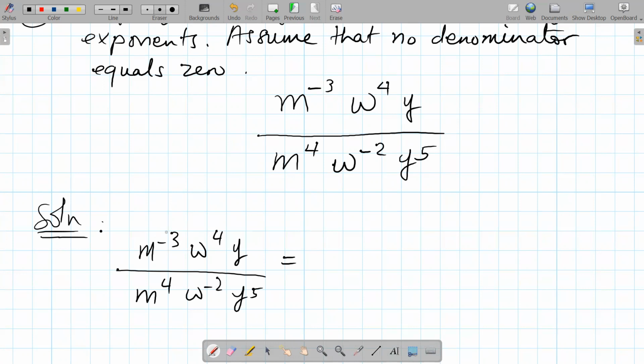So m to the negative 3, if I'm turning it to a positive 3, it has to move down. And then the w to the negative 2, if I'm changing it to a positive 2, it has to move from the denominator to what? The numerator. So if I do that, this is what I have.